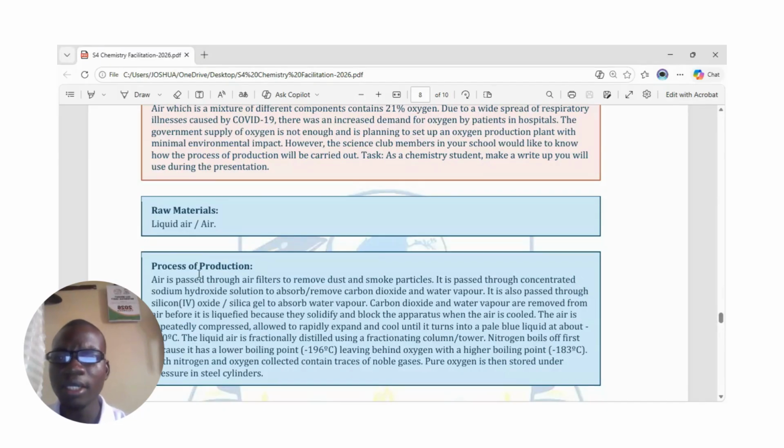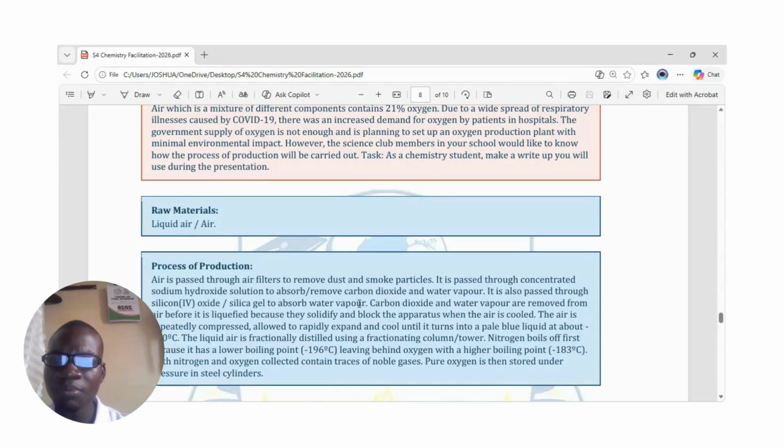For the process of production, you can say air is passed through air filters to remove dust and smoke particles. It is passed through concentrated sodium hydroxide solution to absorb or remove carbon dioxide and water vapor. It is also passed through silicon(IV) oxide or silica gel to absorb water vapor. Then go on and say carbon dioxide and water vapor are removed from air before it is liquefied, because they solidify and block the apparatus when the air is cooled.